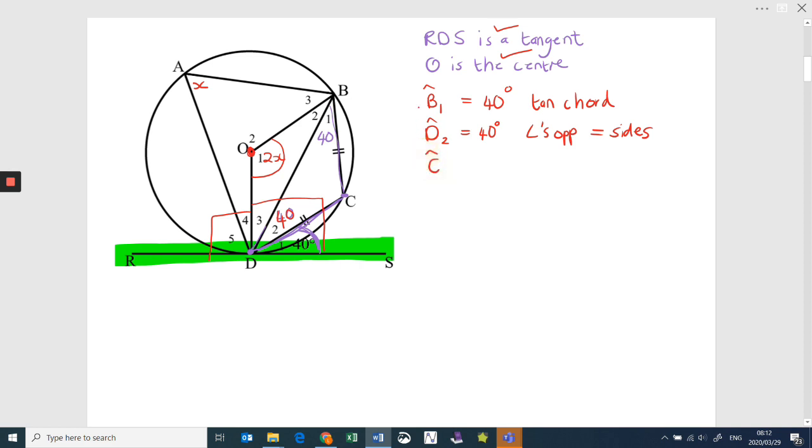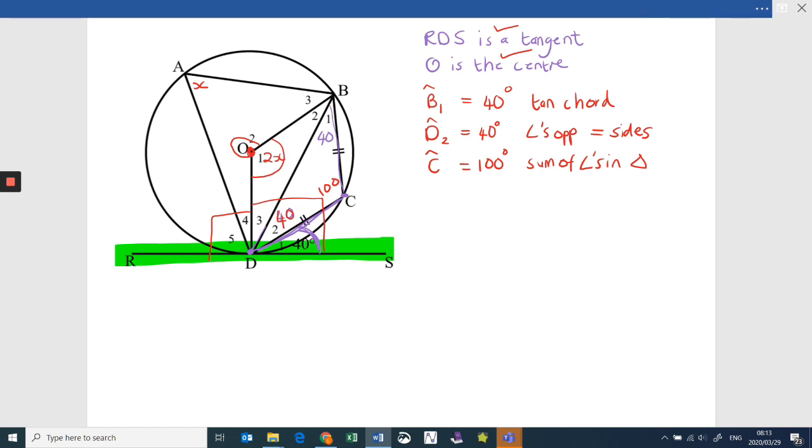Let's see what C has got to do with the previous two. Most geometry questions scaffold really beautifully like this, and the one will lead to the next. Okay, C, I've got 40 in the same triangle. This one must be 100, sum of angles in a triangle. And then we need to get O2. O2 is over there. How can I get O2 from what I've already got? Well, I'm going to bring out a highlighter for this.